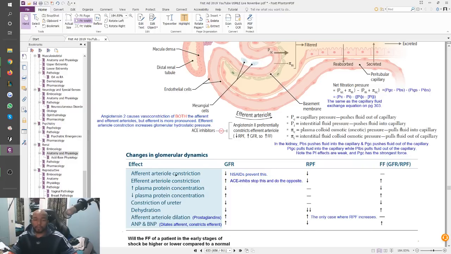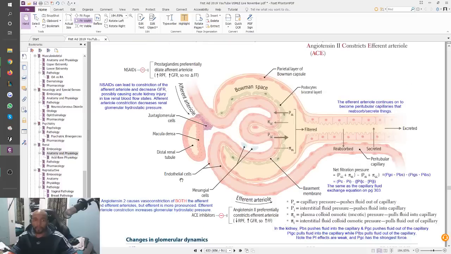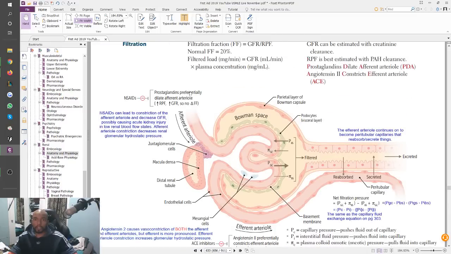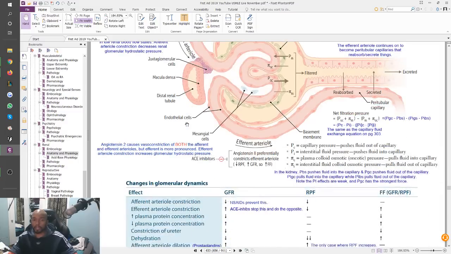And up here, afferent arteriole constriction, right? Look, PDA, prostaglandins dilate the afferent arteriole. Afferent arteriole constriction is something that happens on its own.